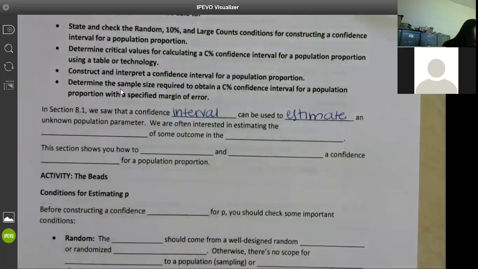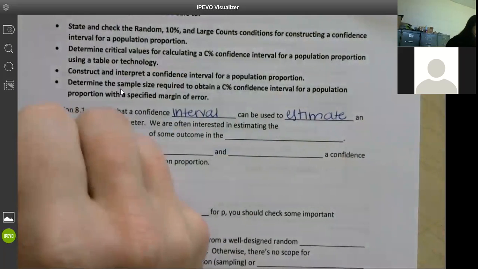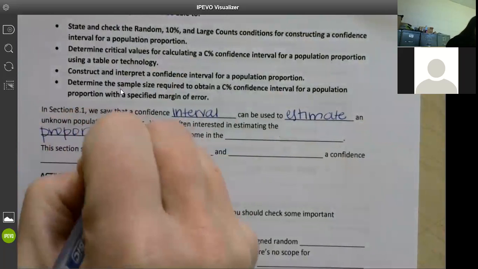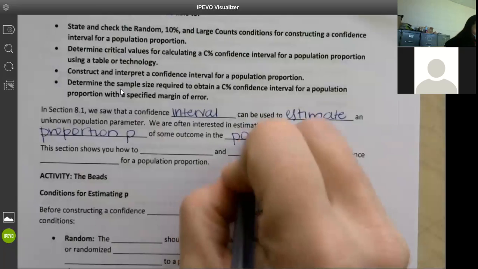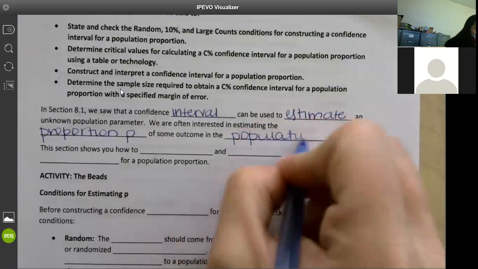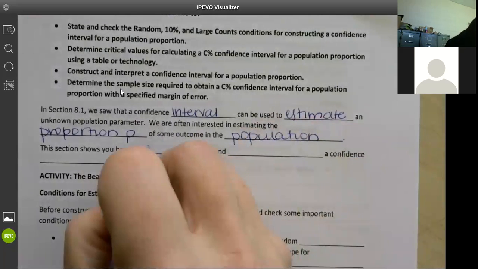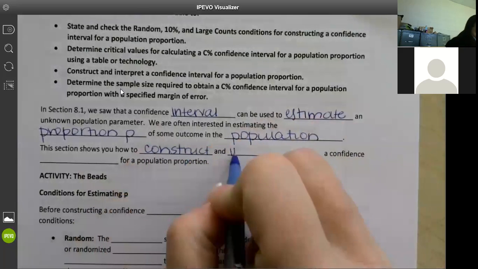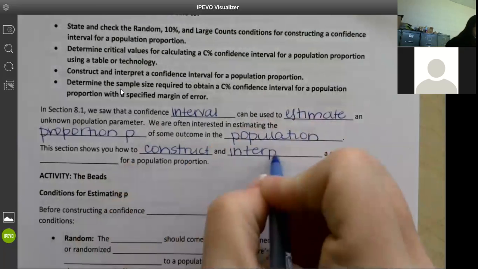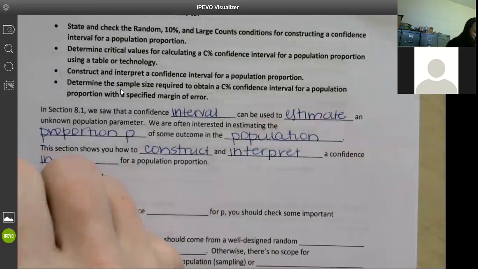We are often interested in estimating the proportion p of some outcome in the population. This section shows you how to construct and interpret a confidence interval for a population proportion.